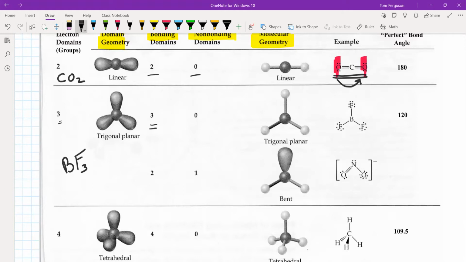That's called trigonal planar. And that is like this, trigonal planar. This is 2-dimensional. And that angle is 120.